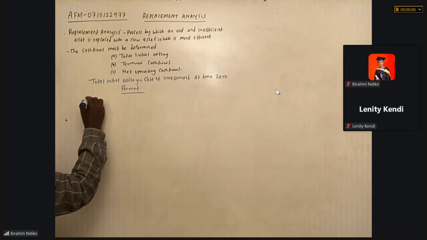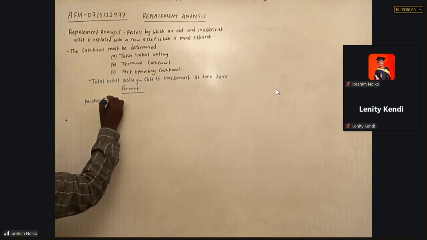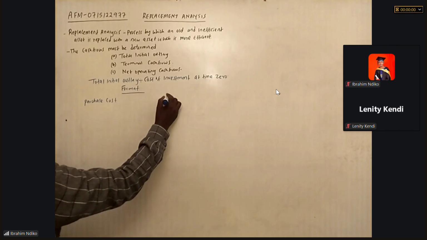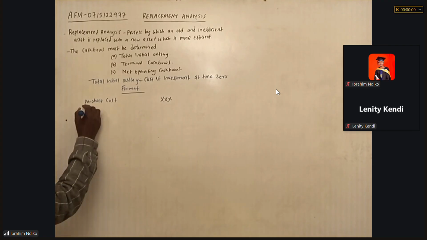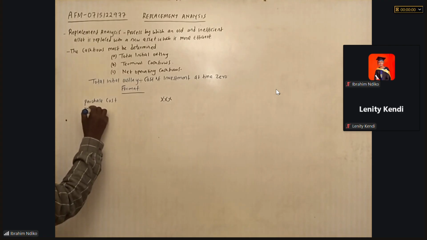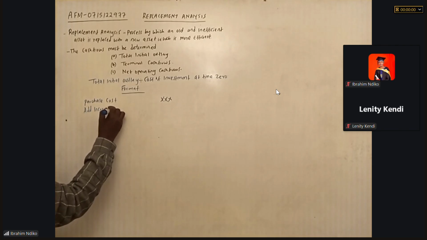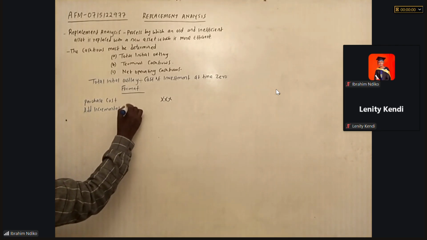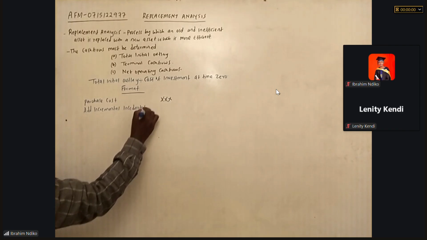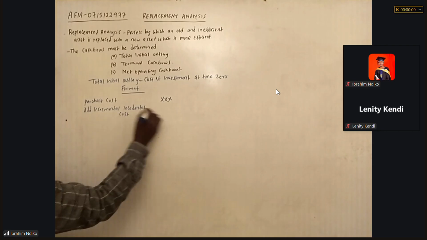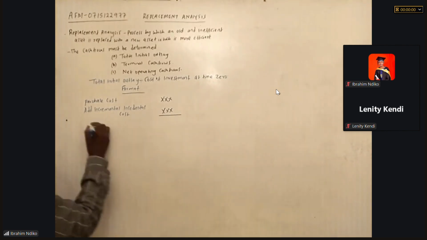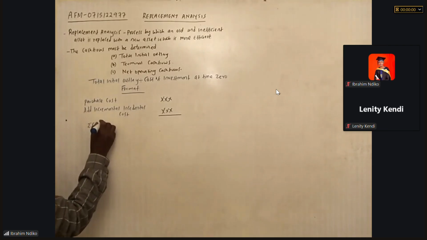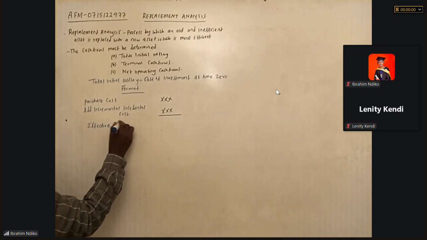We start with the purchase cost. To the purchase cost, we add incremental initial cost. Then we shall get what we call the effective cost.